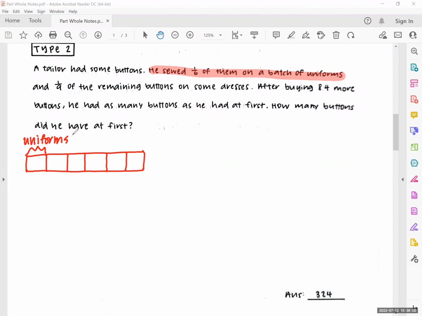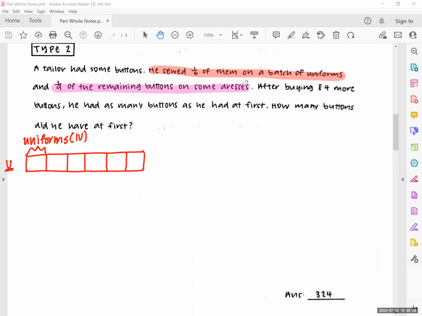So let's put uniforms. I call these units because this is part whole. Part whole means you use units and parts. So I call all of this not 1 unit, I just write units first, U for units. Over here I'll also write down 1 unit because later it'll get very confusing. How do I know this involves part whole? Because the next part, they say 1/9 of the remaining on some dresses.